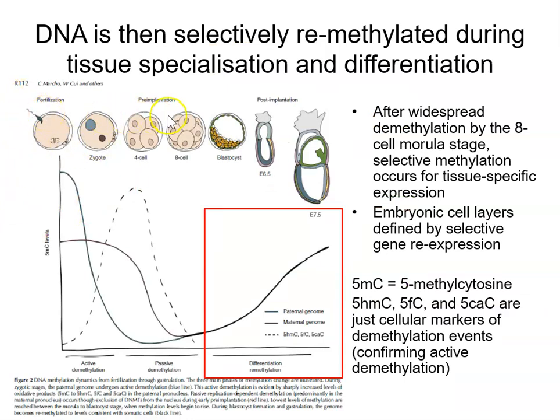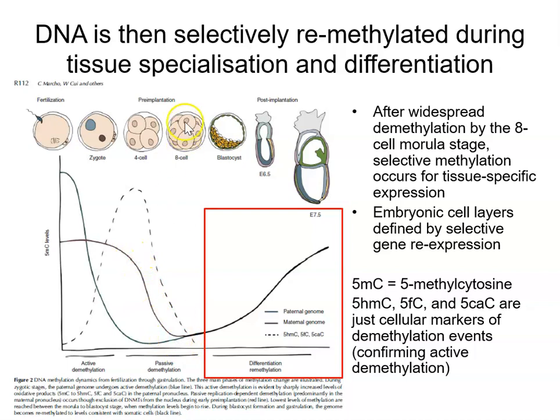If we look at what happens all the way through from fertilization through to the 8-cell stage, through to the blastocyst, and then post-implantation, what we see in the very early stages, this line here, which you might be able to make out is a dark blue line, is the active demethylation of the sperm DNA, and then this is the passive demethylation of the egg DNA.